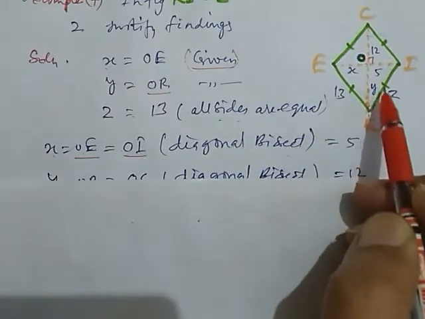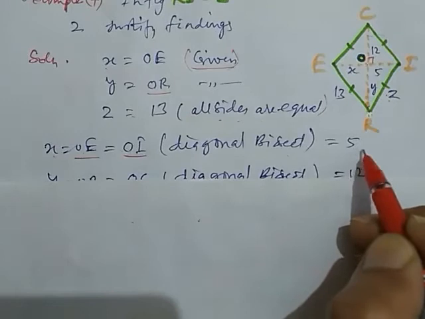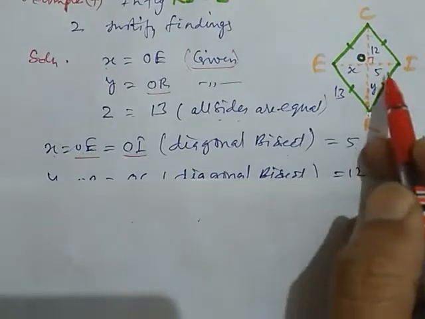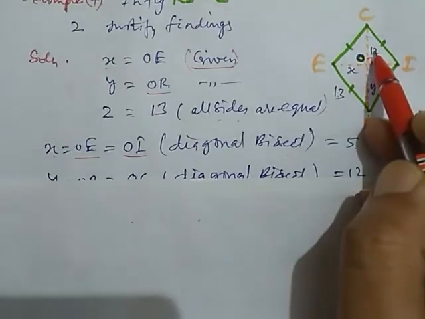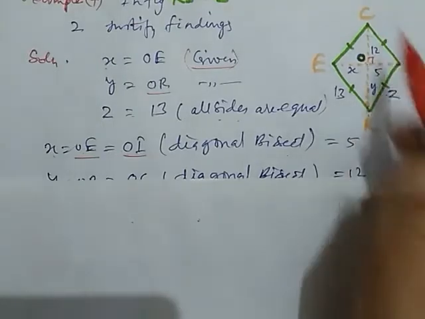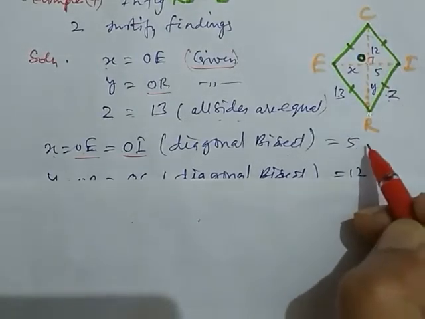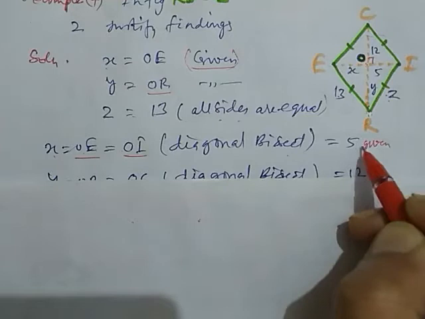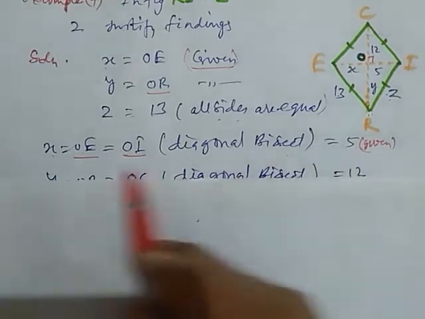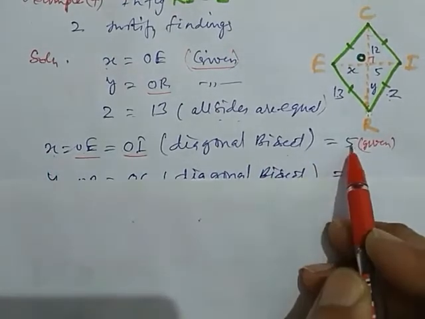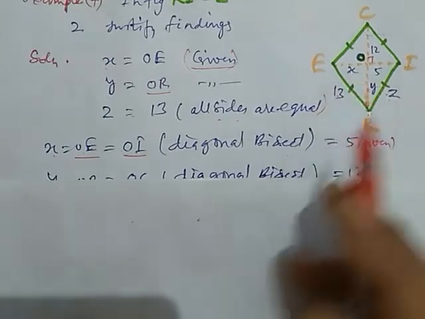OI is 5, this is given. Here OC is 12, given to us. So x equals 5. This is our first finding.